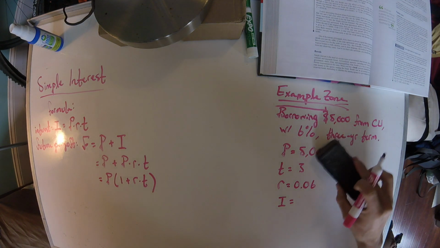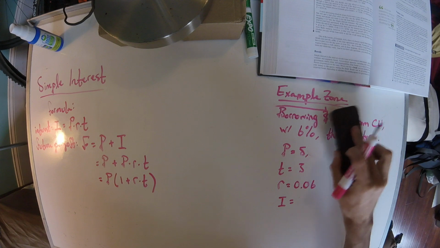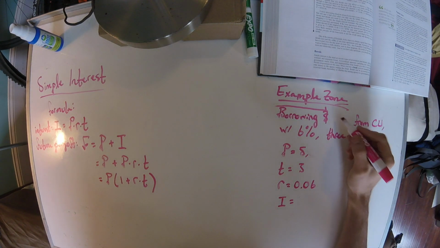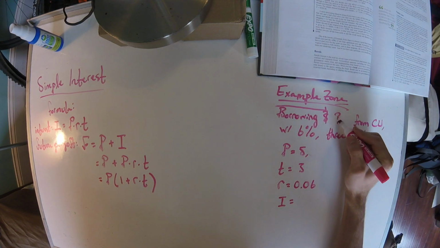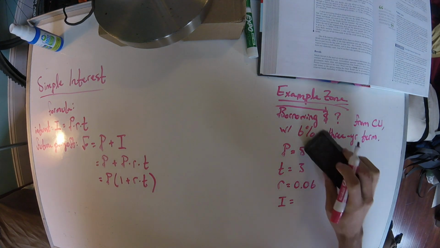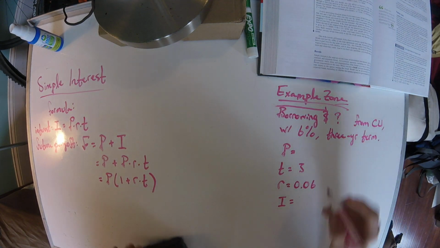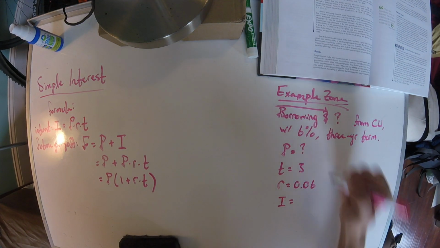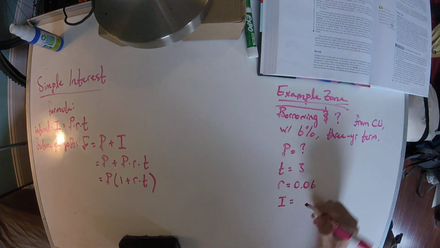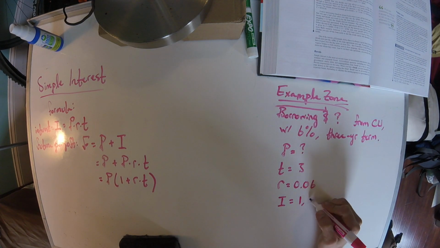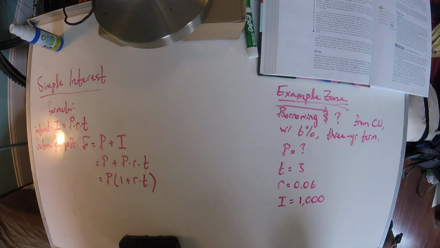So we don't know how much we're borrowing, question mark. But we know that we want the interest to equal $1,000. So in this case, how would we do this? It ends up being very simple.